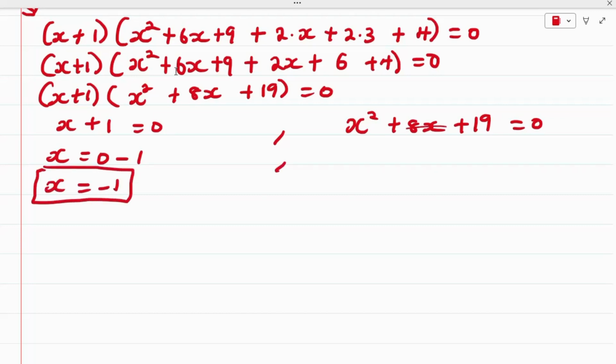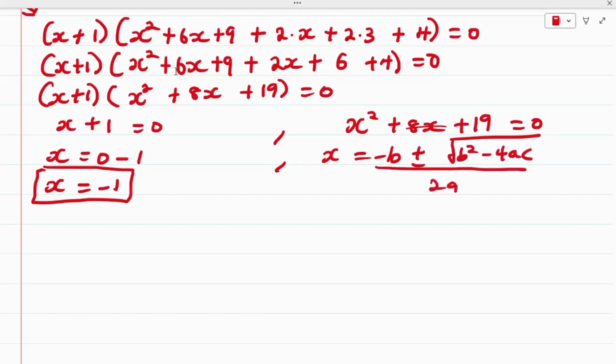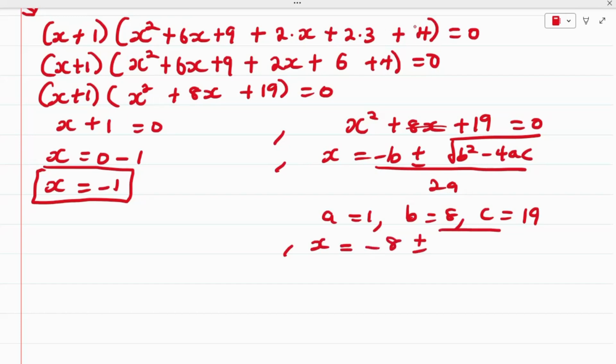So in order for us to solve this, we want to simply apply the quadratic formula, and we have that x = (−b ± √(b² − 4ac)) / 2a, where a = 1, b = 8, and c = 19. So from here, we have x = (−8 ± √(8² − 4 × 1 × 19)) / (2 × 1).